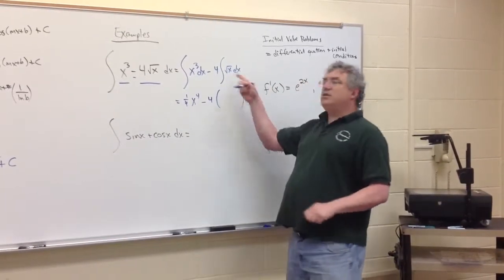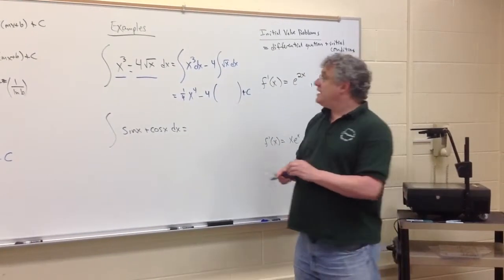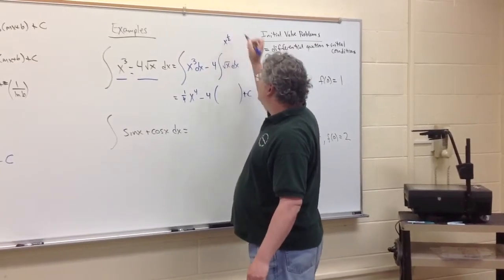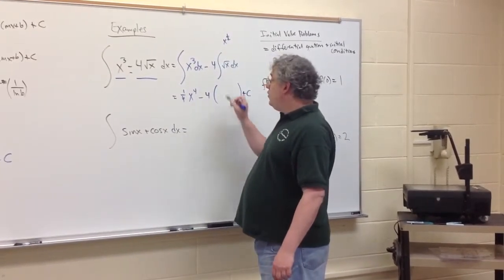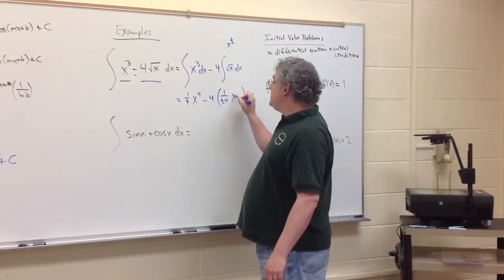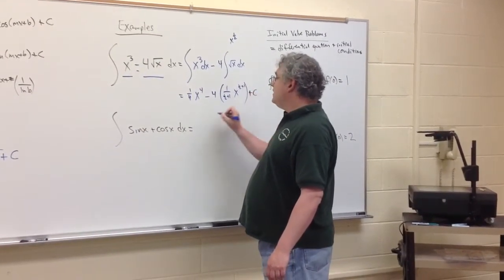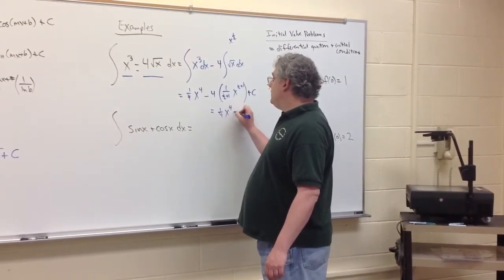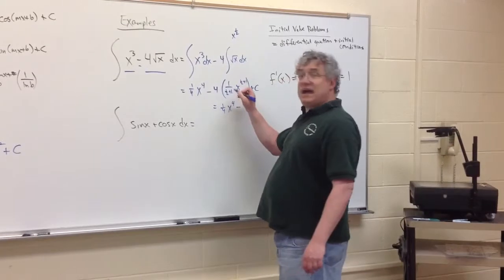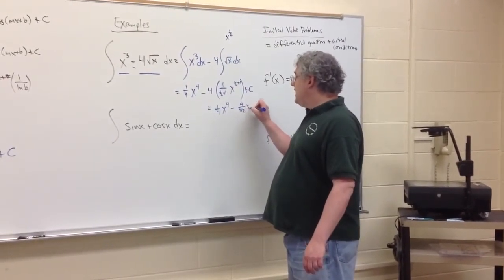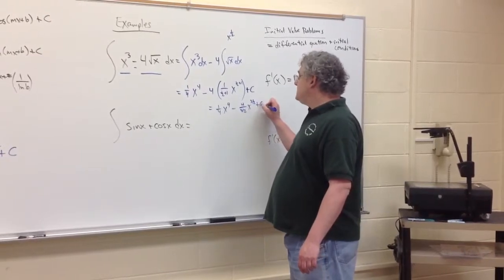One thing now, what about the square root of x? Well, the square root of x is actually x to the 1/2 power. So using the rule, it's going to be 1 over 1/2 plus 1 times x to the 1/2 plus 1. So let's simplify that as 1/4 x to the 4th minus, that's 3/2. It's going to be 4 divided by 3/2, x to the 3/2 plus c.